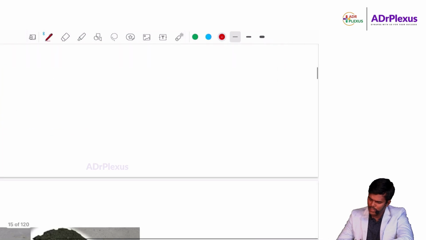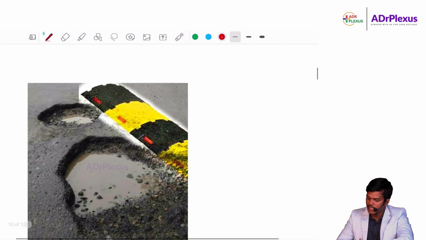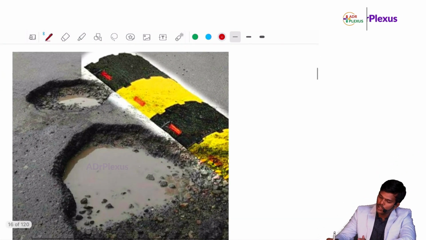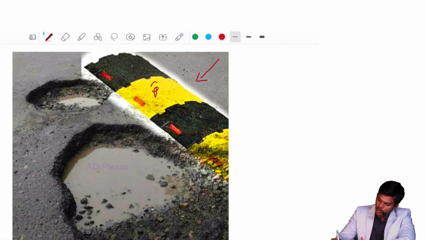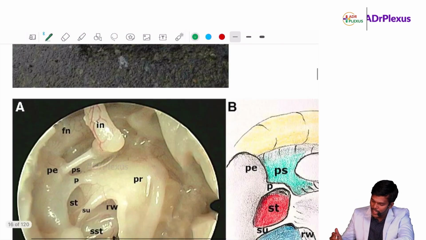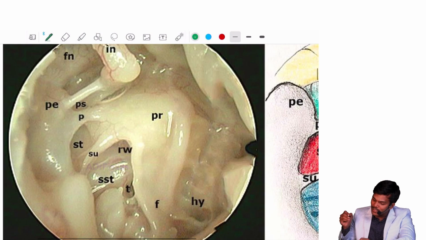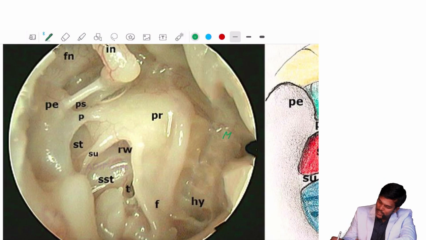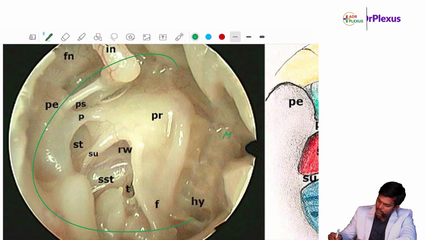I will explain with the help of the diagram. See, this is the other side of the road. You are entering from the middle ear. This is the medial wall having a promontory. This is the ponticulus. This is the subiculum. This is the sinus tympani. See here, this is the middle ear cavity, and the entire thing is the middle ear cavity. The smoothness is there.